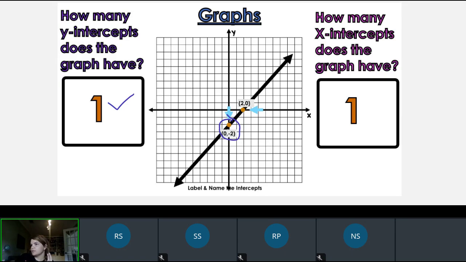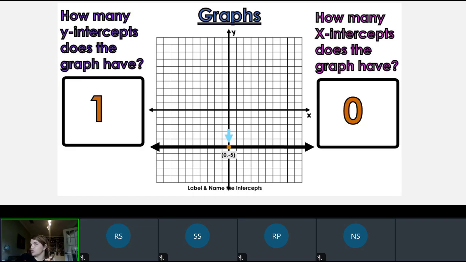How many x-intercepts? 1. Okay, if it is a straight line, it cannot have more than 1 y-intercept and more than 1 x-intercept. So it can have 2 intercepts, 1 x and 1 y, but it can't have more than 1 of each. It can, however, have just 1.